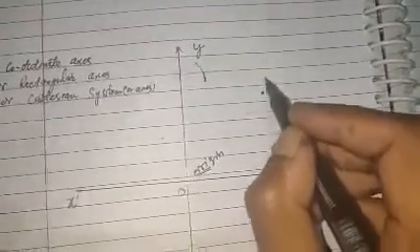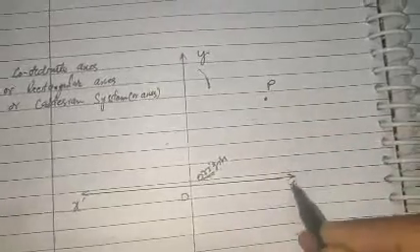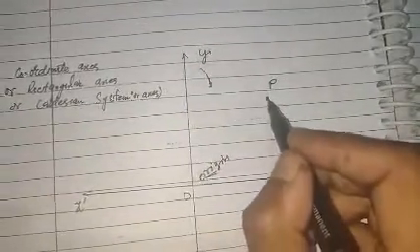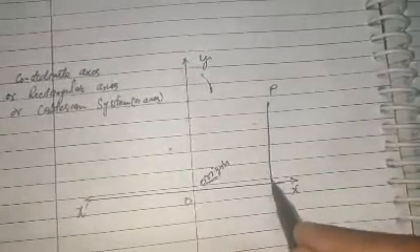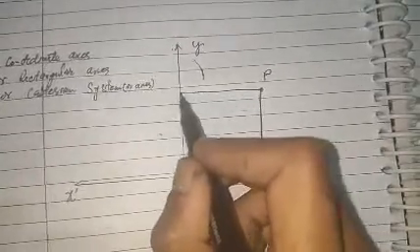Rectangular axes or coordinate axes help us to find the position or location of a point in a plane. We take here point P in the XOY plane. We draw PM perpendicular to the x-axis and PN perpendicular to the y-axis.